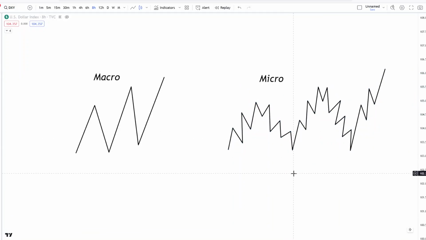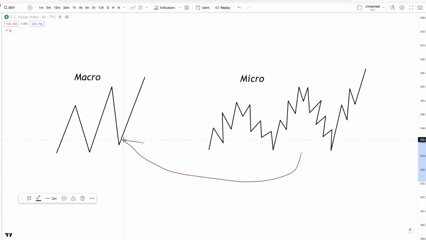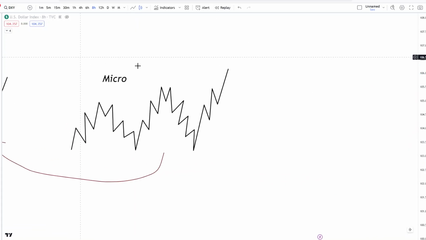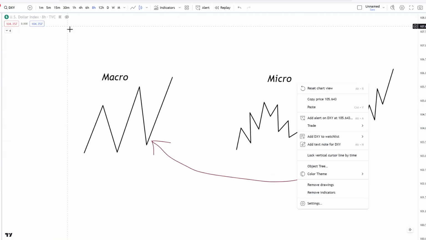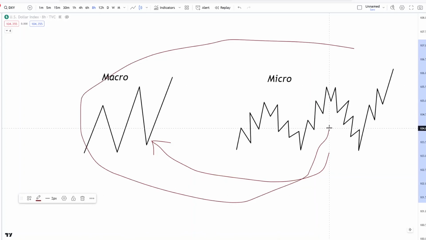So this will be the difference between our macro and our micro. This is what happens on a lower time frame that happens right here. And this is how we're going to look at the market. We're going to keep it really simple and break it into two portions.